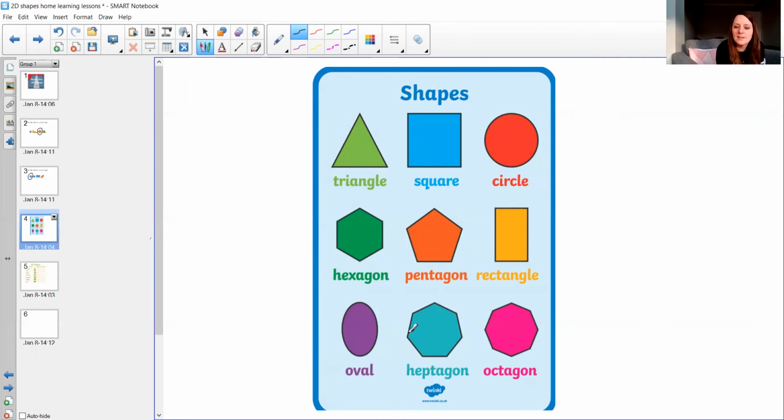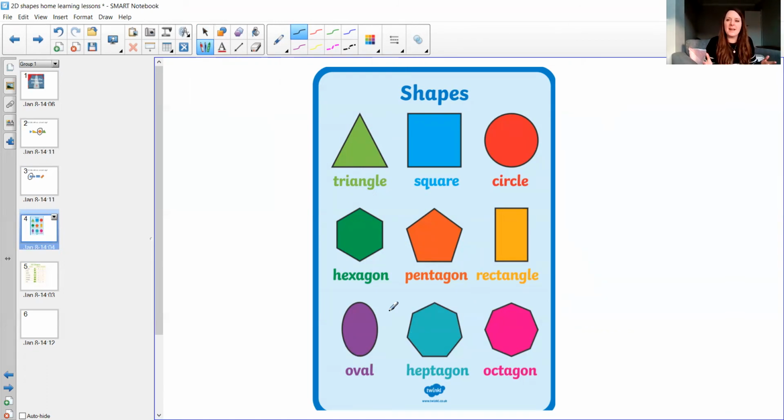Tricky one, a heptagon. How many did you count? Count them. 1, 2, 3, 4, 5, 6, 7. That's right. A heptagon has 7 sides and 7 corners. So we have our heptagon, which we didn't show earlier in our game, and our oval. You could put those on your poster too if you wanted to.